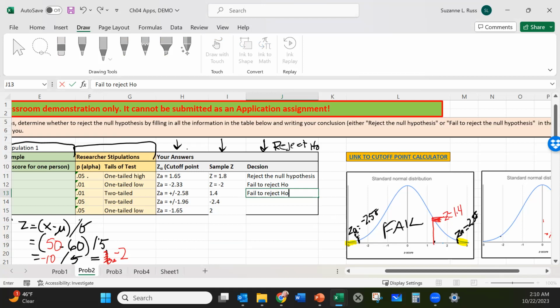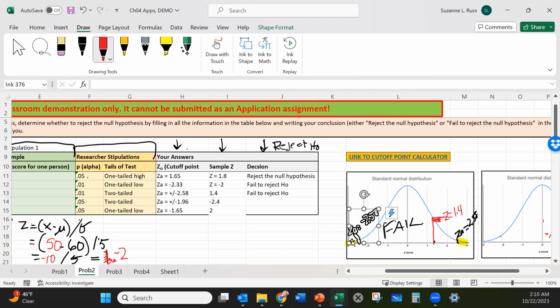In our next example, I'm going to just erase this because we have another two-tailed test. But let's see now what our cutoff is. The fail region is still going to be in the center, but our cutoff point in this test is plus or minus 1.96. So let's go ahead and mark these cutoff points, which are going to be here, minus 1.96.